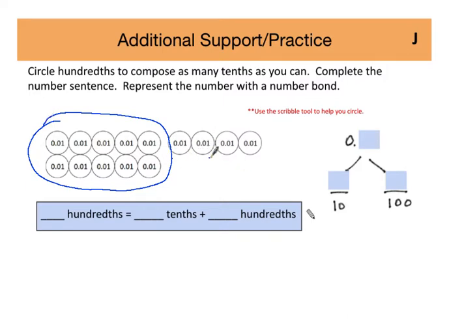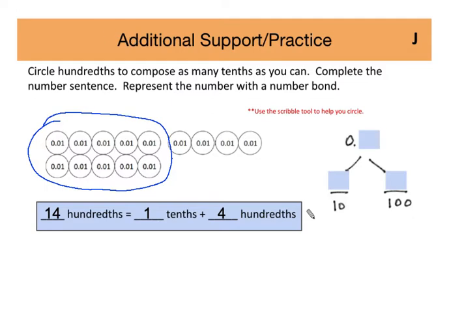And then we have some remaining, right? We have 4 hundredths left over here. So if we look at what we have here, we have 14 hundredths, right? 1, 2, 3, 4, 5, 6, 7, 8, 9, 10, 11, 12, 13, 14 hundredths. But it's really showing 1/10 and then the 4 remaining hundredths.